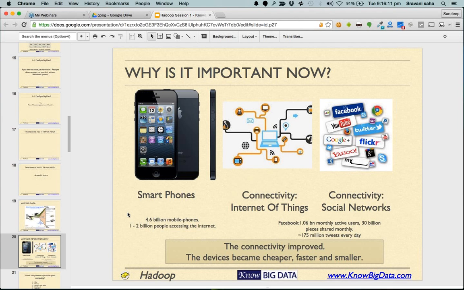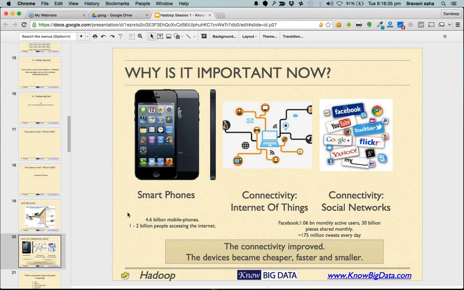Connectivity between things, connectivity between people. On one hand, devices became cheaper, faster, and smaller. The connectivity kept on improving. As of today, you have Wi-Fi everywhere, you have 3G, 4G, and all kinds of networks.